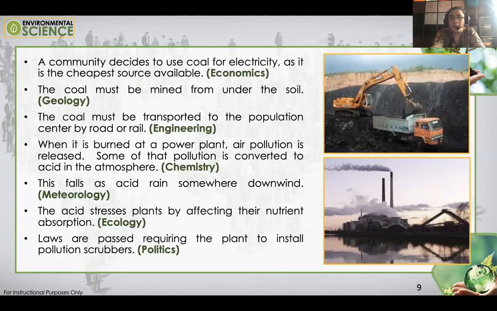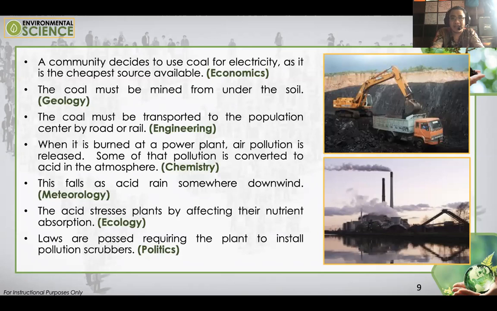Okay, so whether naglalakad ka lang, nakasakay ka lang sa sasakyan, kumakain ka, dumighay ka, that is part of environmental science. Because environmental science is generally everywhere, no? Because it is our interaction with nature.